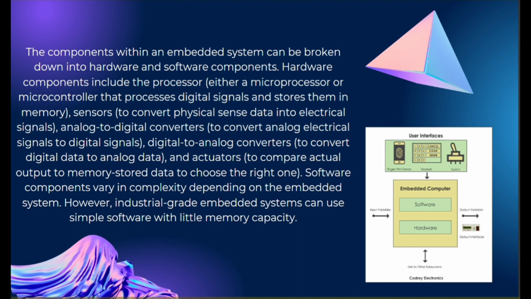Analog to digital converters to convert analog electrical signals to digital signals. Digital to analog converters to convert digital data to analog data, and actuators to compare actual output to memory stored data to choose the right one.